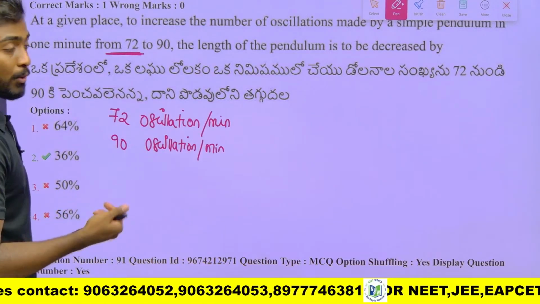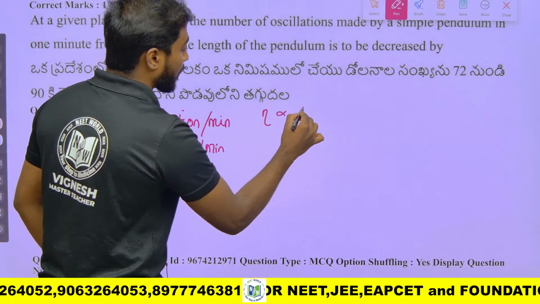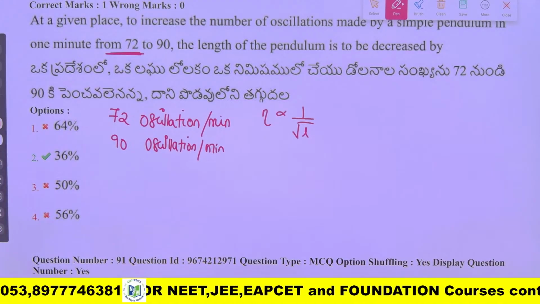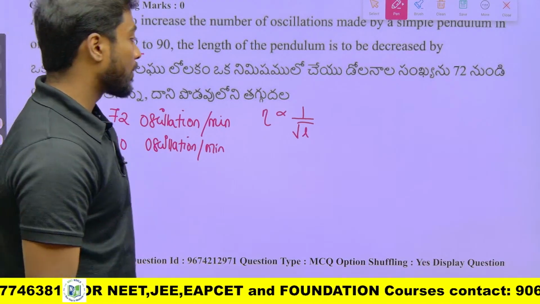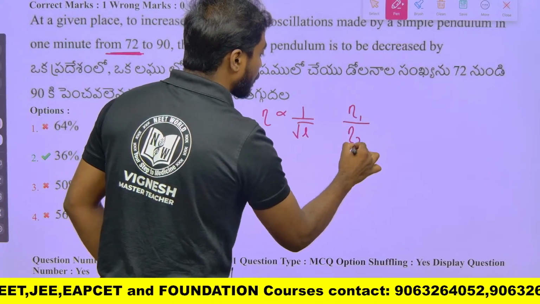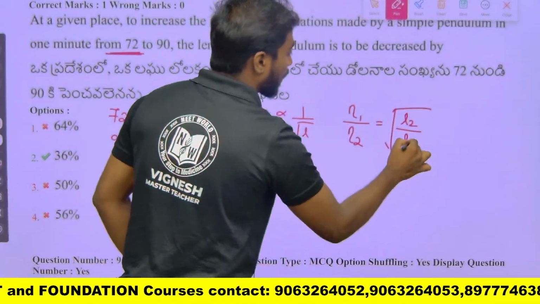Okay, so we know the relation, no? Eta is inversely proportional to root L, right? Eta is nothing but the frequency. So from this I can say eta 1 by eta 2 is equal to root over L2 by L1.